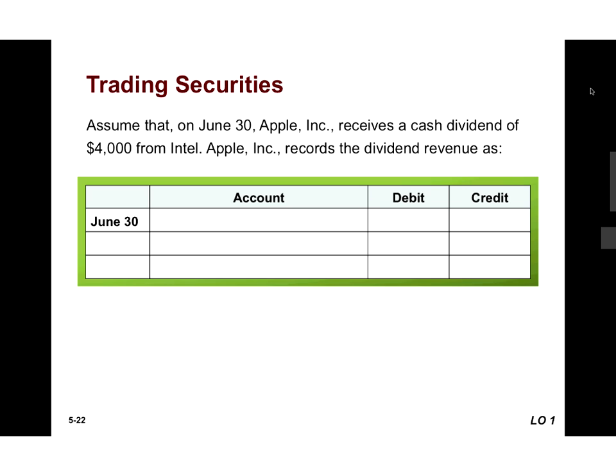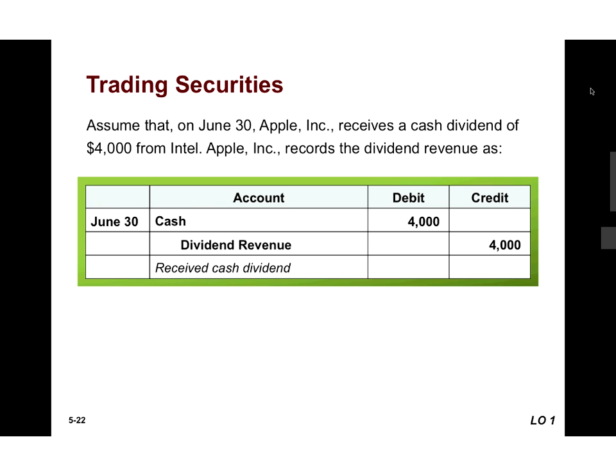Now, let's say on June 30th, when we buy equity securities, oftentimes there are cash dividends involved. We might get dividends sent to us. When we do that, we debit cash and credit dividend revenue. So we've got cash coming in and dividend revenue; we're earning revenue.